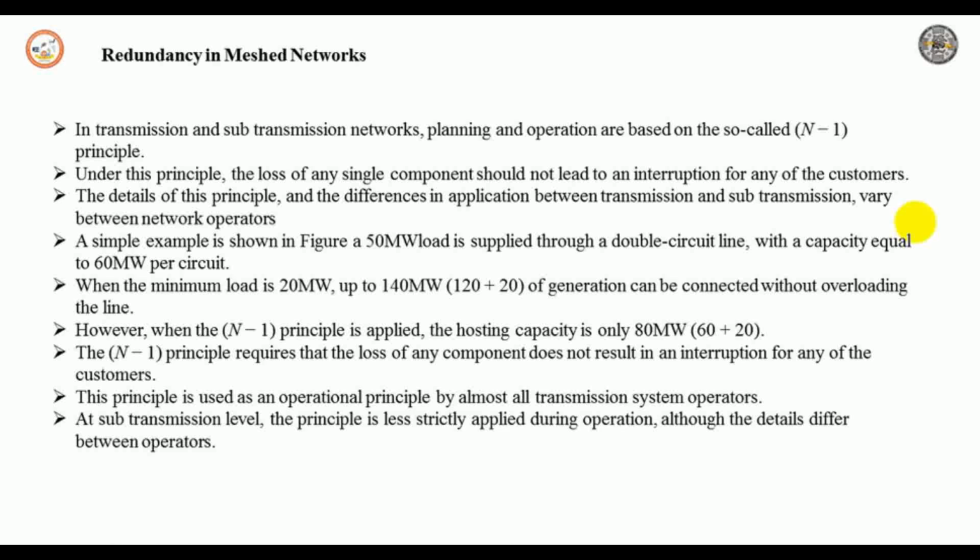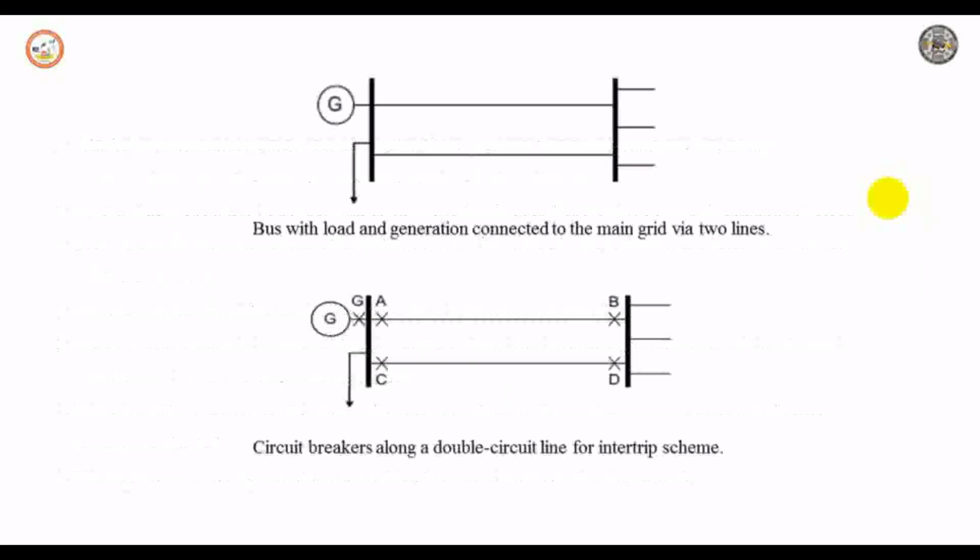Here a simple example is shown. Consider this figure, where a 50 megawatt load is supplied through a double circuit line with a capacity of 60 megawatt per circuit.